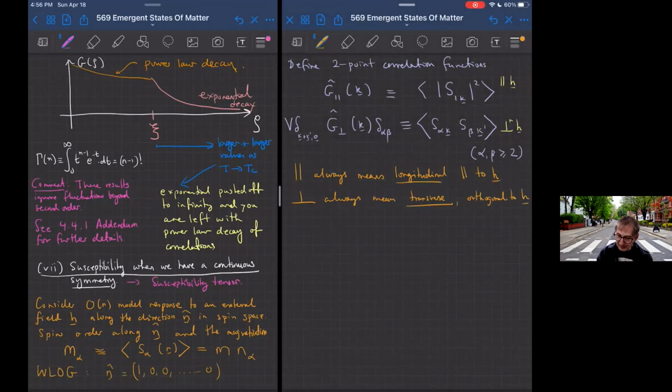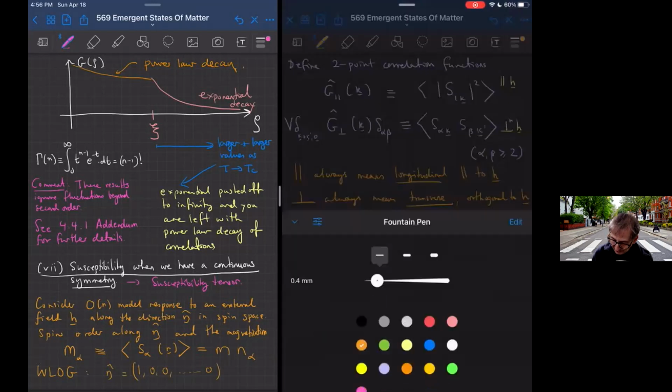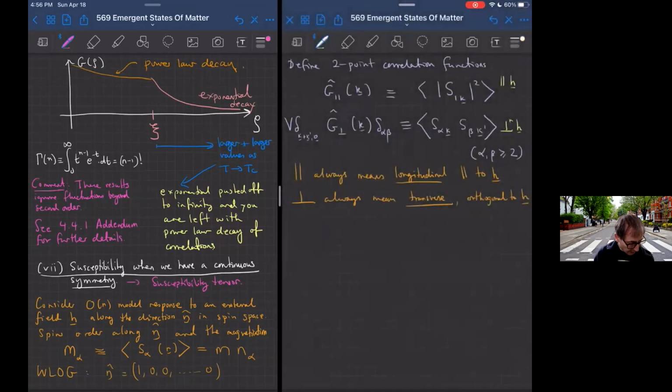Okay, so these are two correlation functions. And because I've got two correlation functions, I have two static susceptibilities.